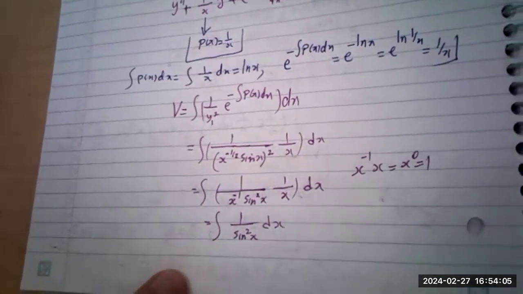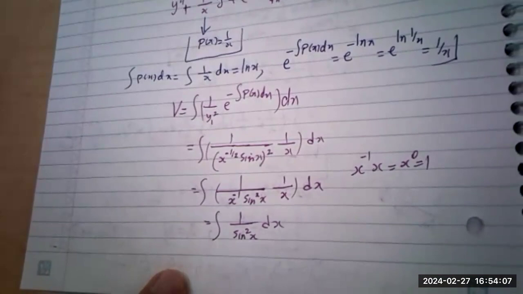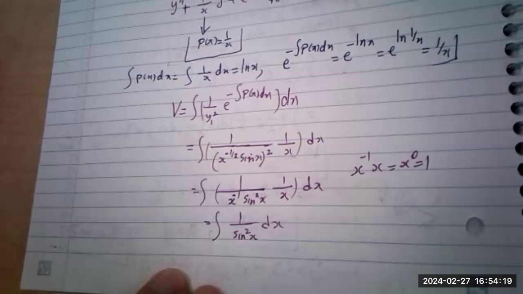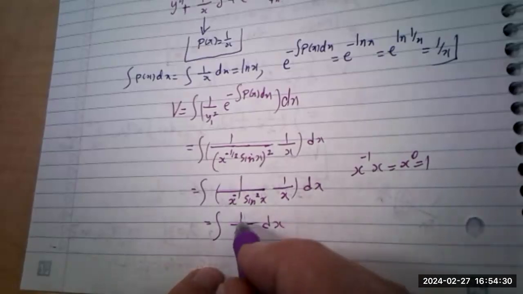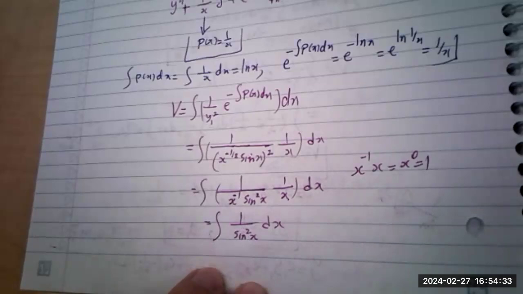Do you remember this integral? Cosecant squared. I think it's the negative cotangent. So you flip it up, it'll be cosecant squared, and the integral is negative cotangent. Or you can change the 1 to sine square plus cosine square, break it, and that gives you 1 plus cotangent square.